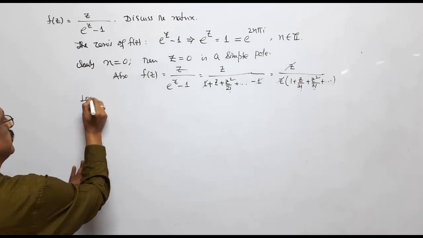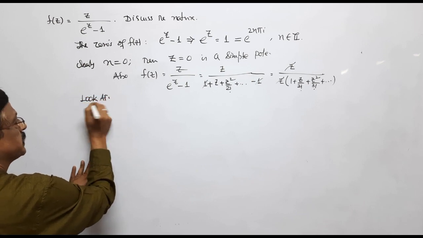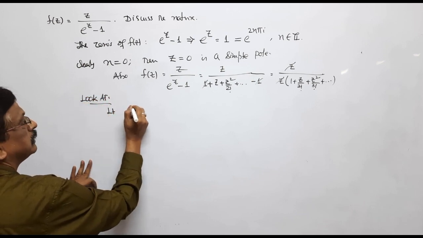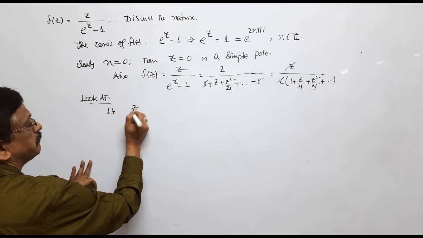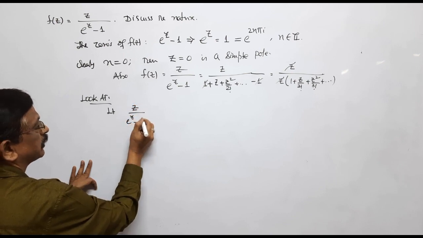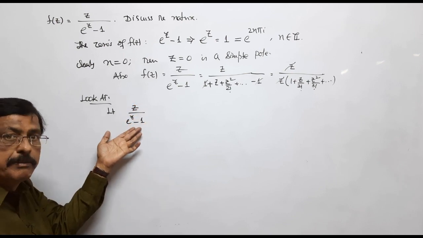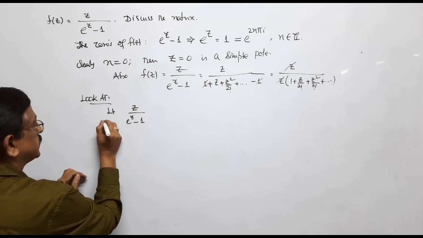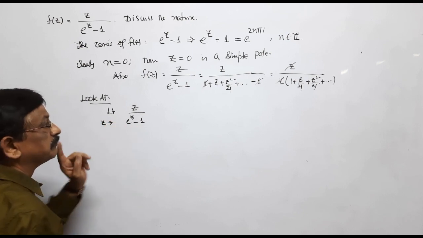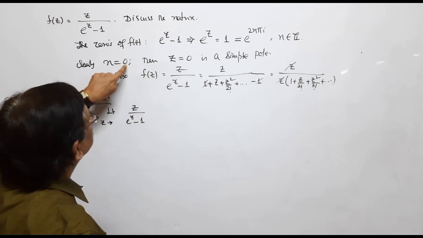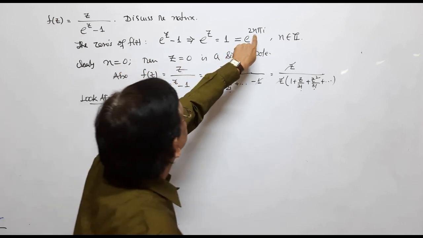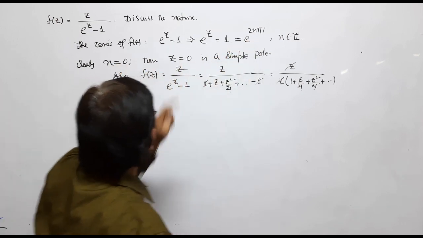So look at the limit of z by e power z minus 1. I am looking at the limit of the function as z tending to 0. If I put n equal to 0, this is e power 0, so z is 0.